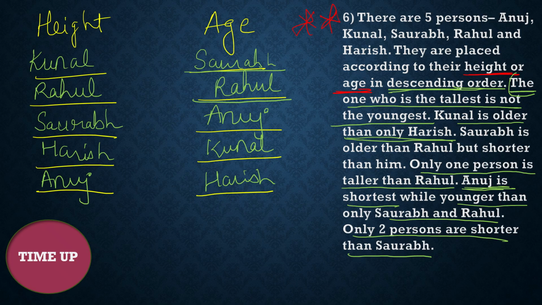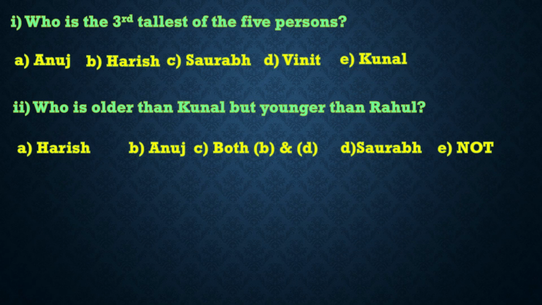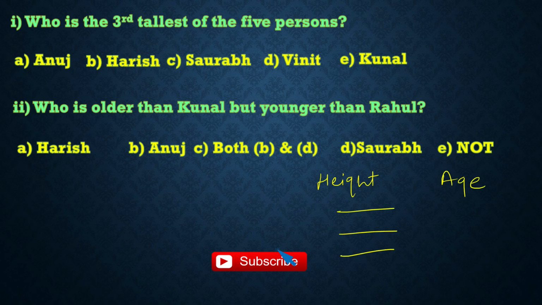So this will be the arrangement in terms of height and age. We will solve the questions now. Two questions are given to you. Try to solve it. So here I will write again.